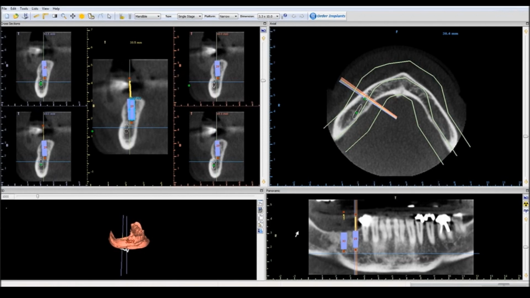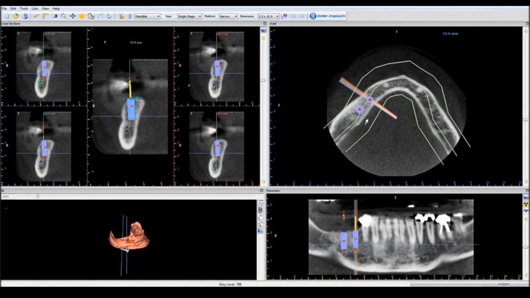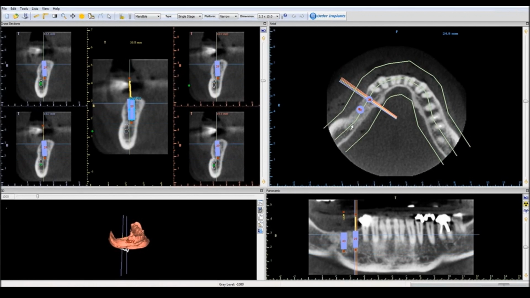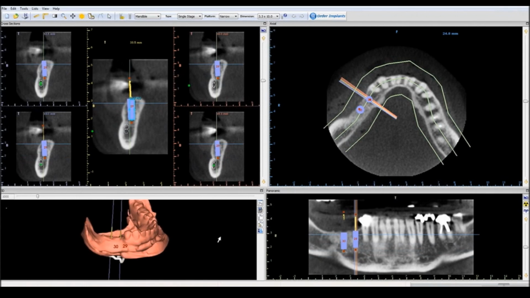First of all, for those of you not familiar with implant planning software, you get at least these four views. You get the axial view, you get a cross-sectional view, you get the panoramic view, and you get a 3D reconstruction.